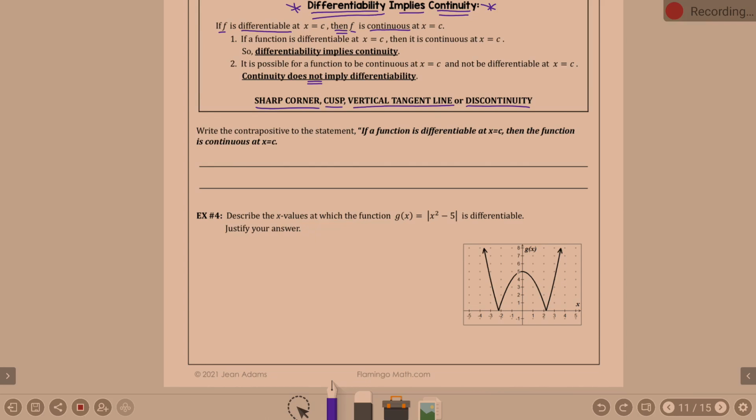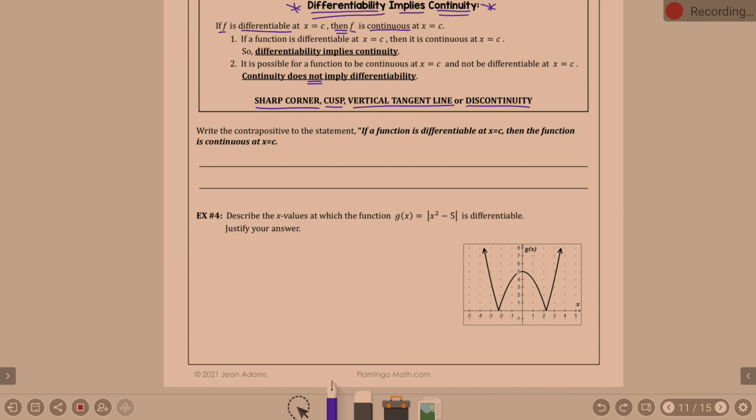So contrapositive is what they want us to write. If a function is differentiable at x equals c, then the function is continuous at x equals c. Do you remember what it means to write the contrapositive? There's two things that need to happen.